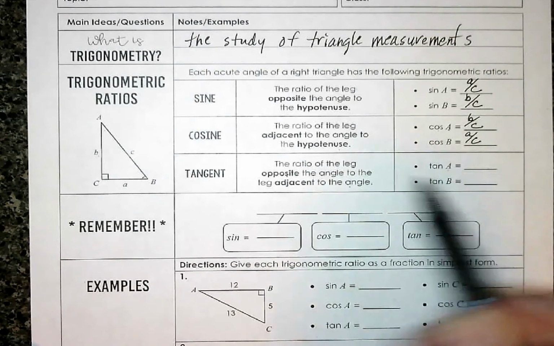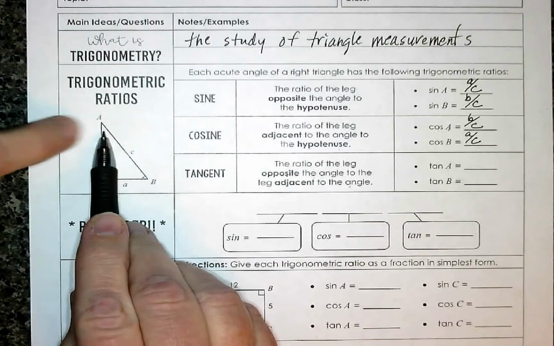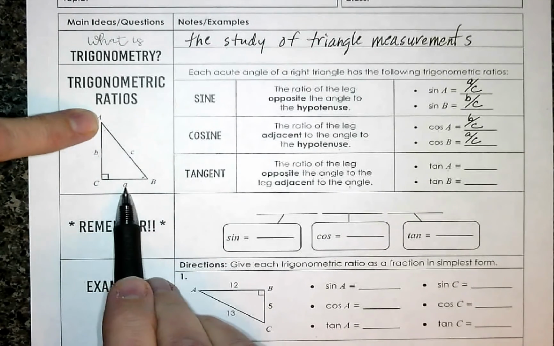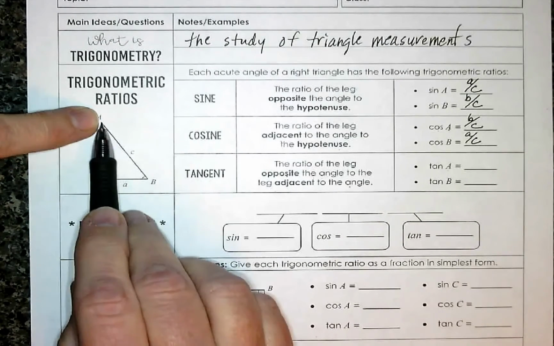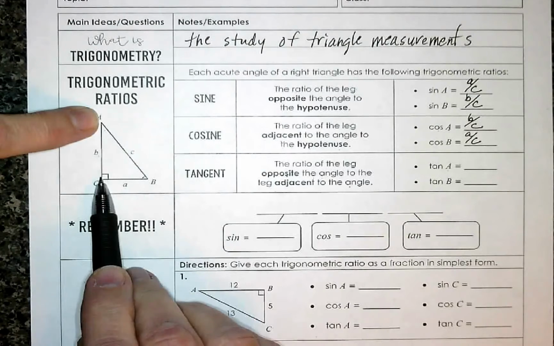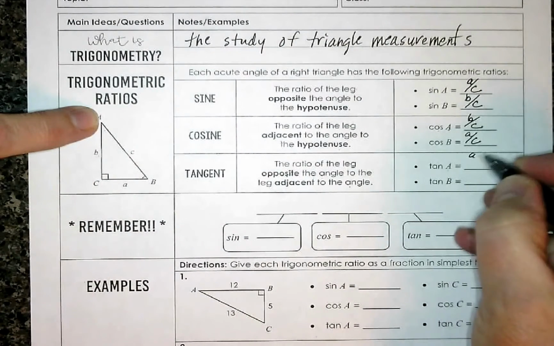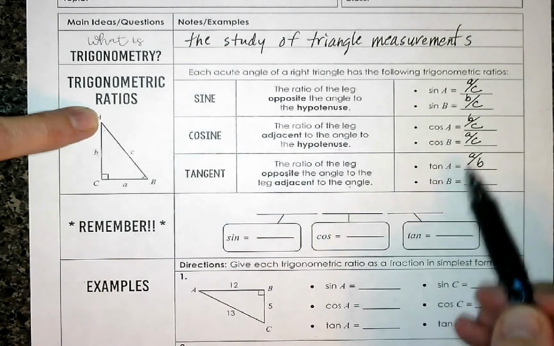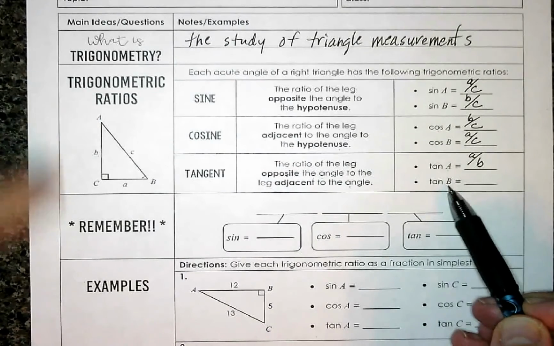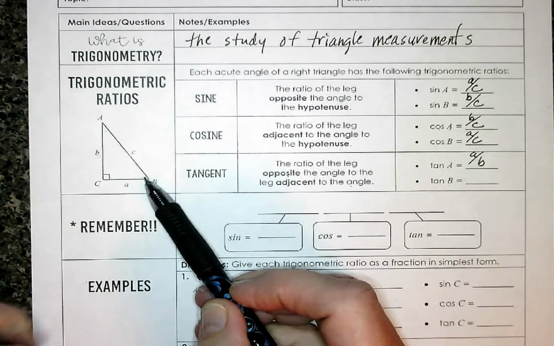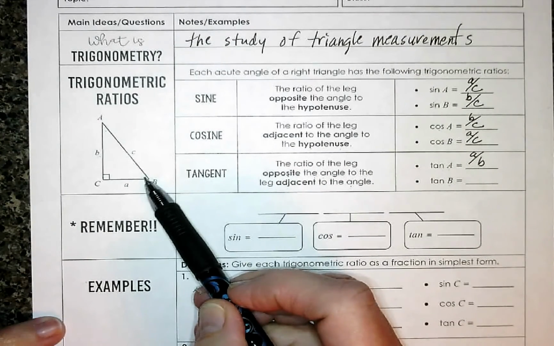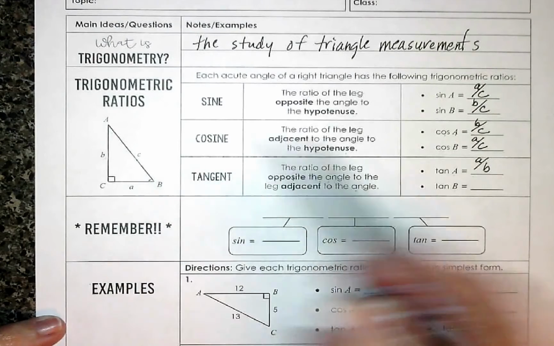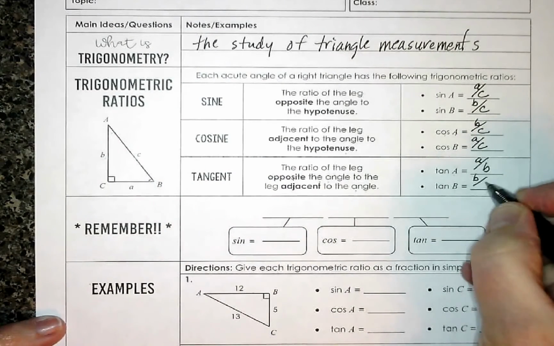If I'm looking at angle A, up here, I need the opposite leg, which is A, over the adjacent leg, which is B. A over B. The second one says the tan of angle B, which is this one here, is the opposite leg, which is B, over the adjacent leg, which is A. So that ratio would be B over A.